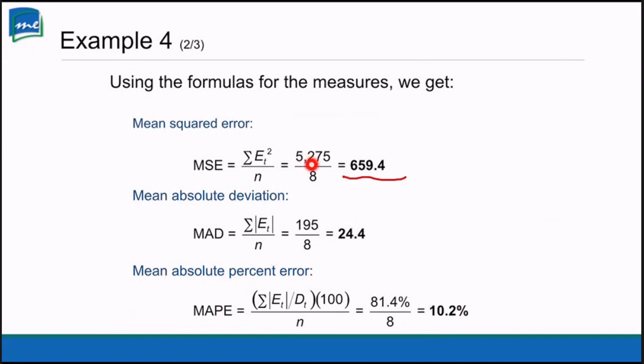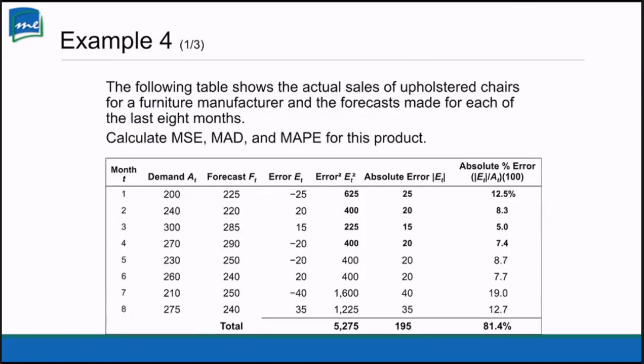The 5,275, the 195, the 81.4 come from the summation. This is the sum over all the 8 months of the square of the forecast errors, and 195 is the sum of the absolute value of the forecast errors, and the same for the last column over all 8 months.